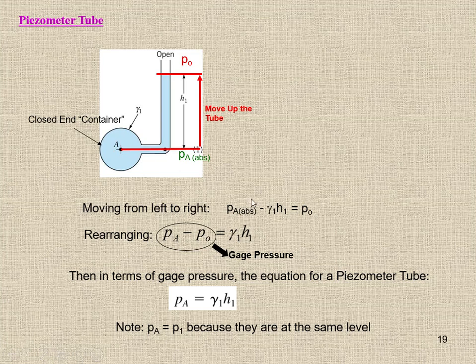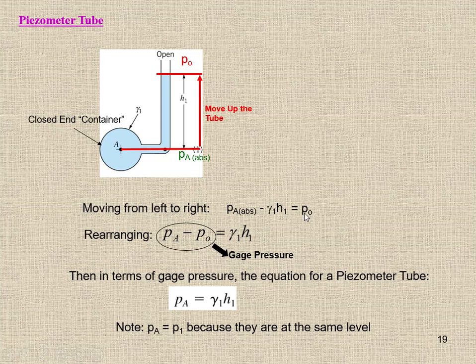So pressure at A minus the height term, because if we go up the pressure decreases. So minus gamma 1 H1, and the other side equals P naught. So PA minus P naught is equal to gamma 1 H1. This will give you the gauge pressure.